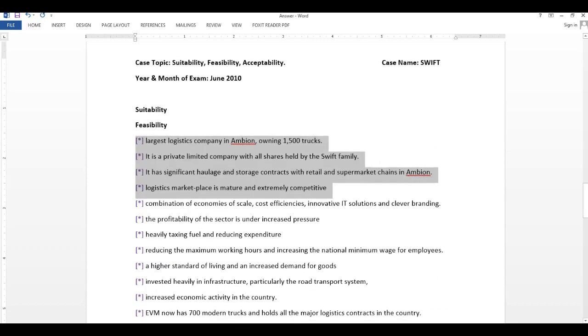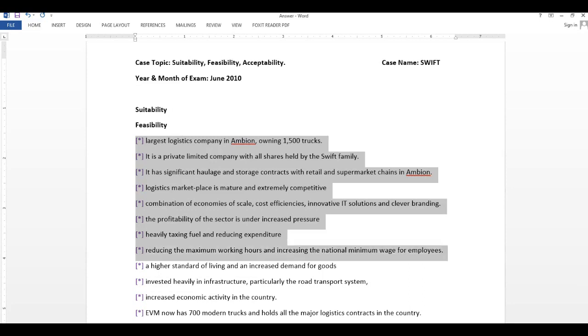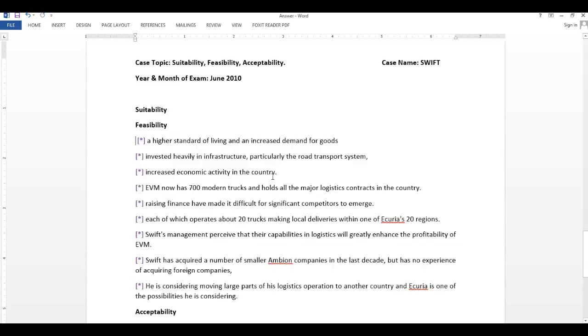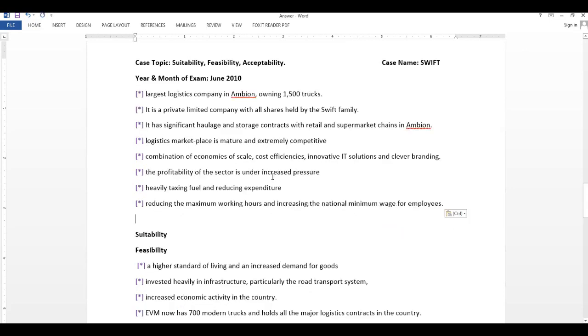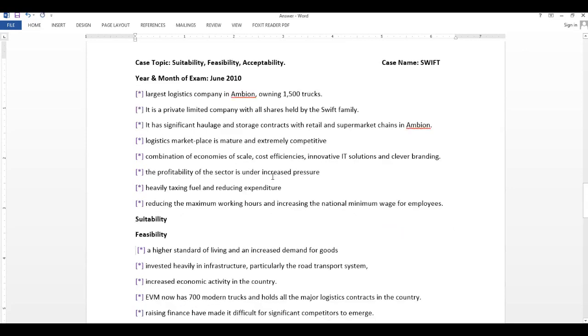They are in the logistics marketplace, which is mature and extremely competitive. This company seems to have a combination of economies of scale. The profitability is under pressure, with heavily taxed fuel and a reduced maximum number of hours. So this is all about the general information that we need to know. So we'll start from here.